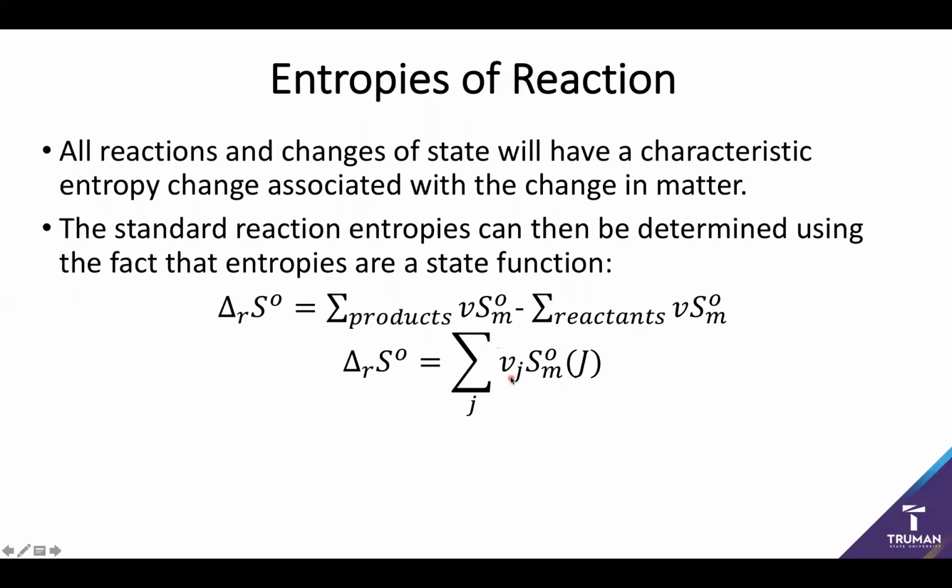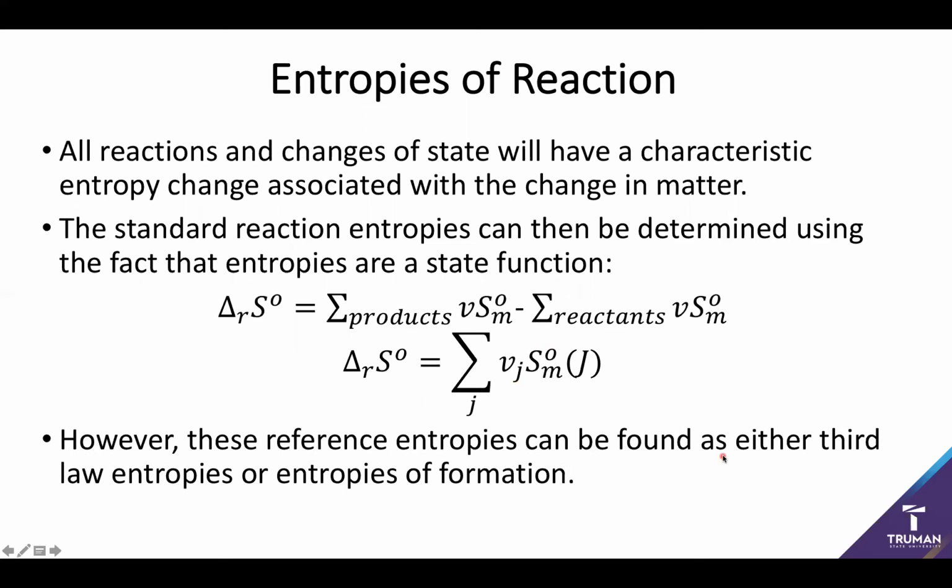However, one of the things that you need to take special note of when calculating entropies of reaction is the fact that there are often several common reference methods of giving entropy values. The most common is what's called our third law entropies. These are essentially the absolute entropy of the substance, including its base entropy at 0 Kelvin.